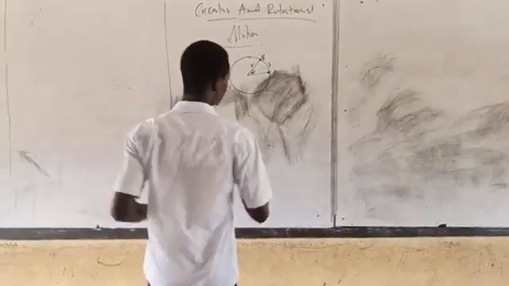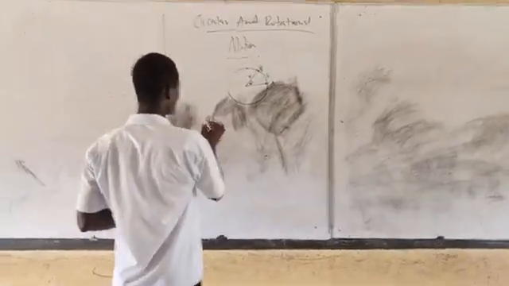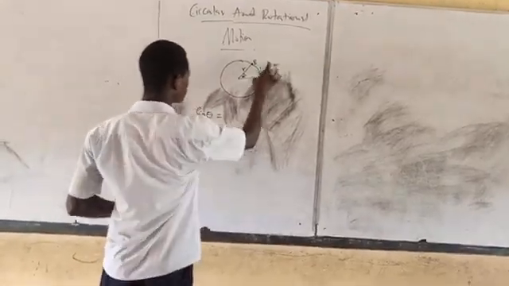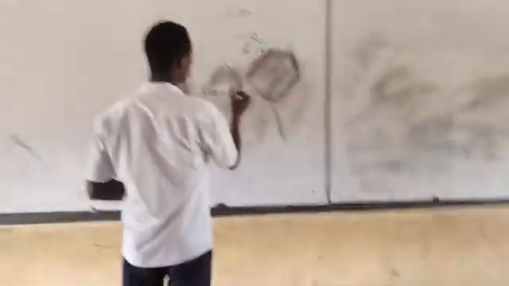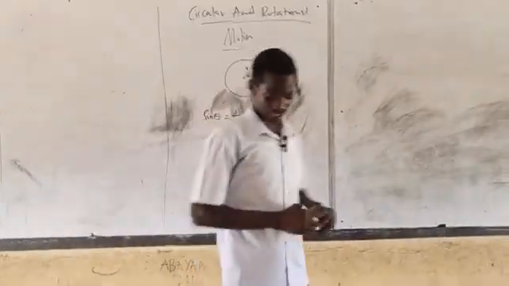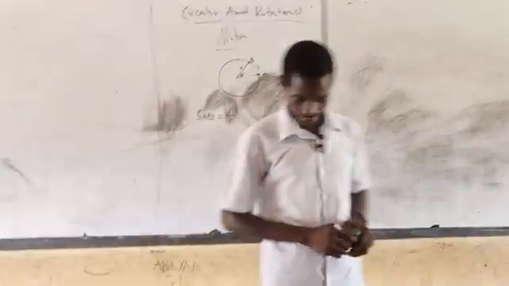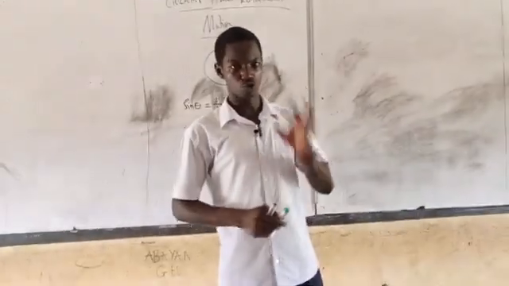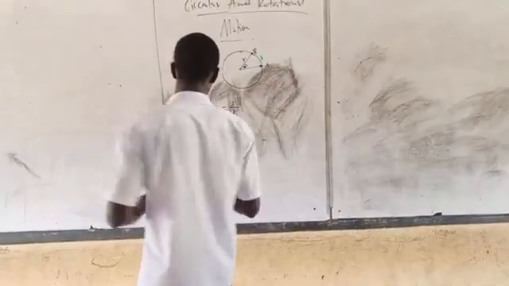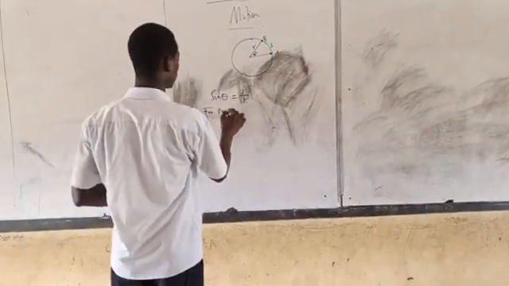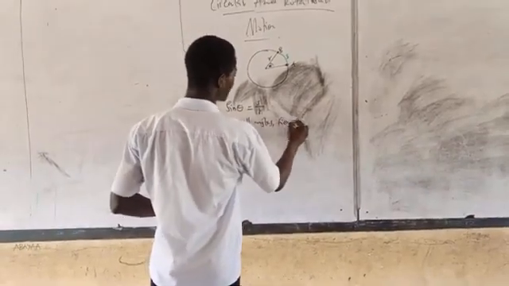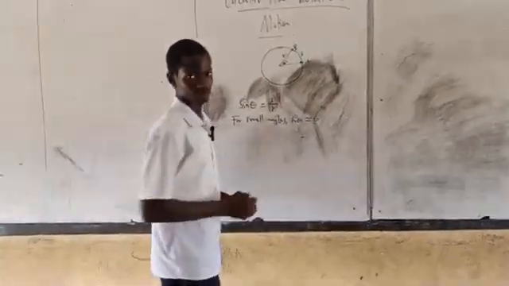From this you can simply obtain, from trigonometry, that sine of the angle theta equals the opposite over the hypotenuse, which is S over R. Is that not it? So sine theta equals S over R. Now, for small angles, sine theta is approximately the same as theta.